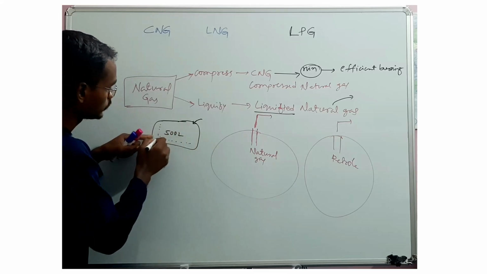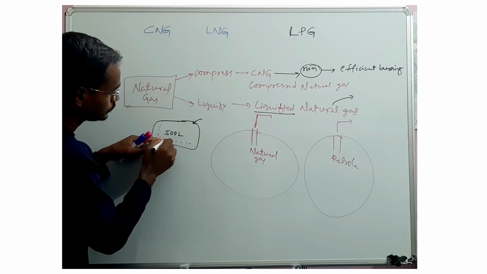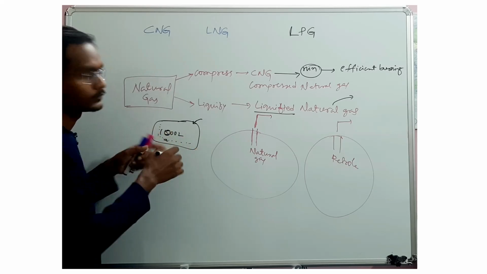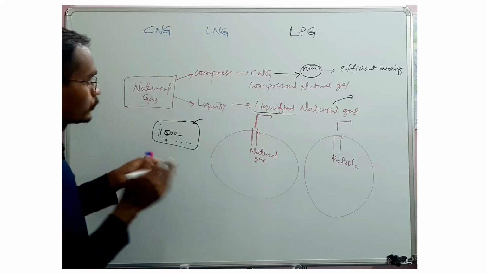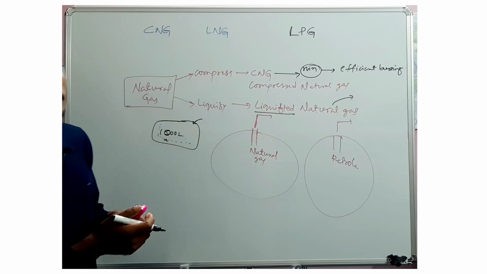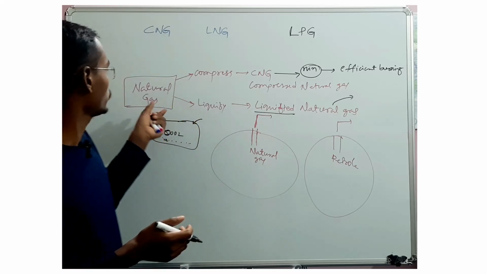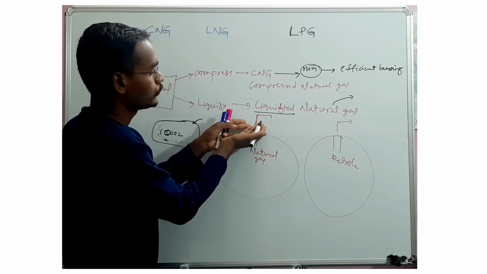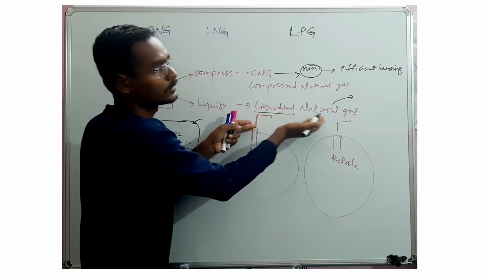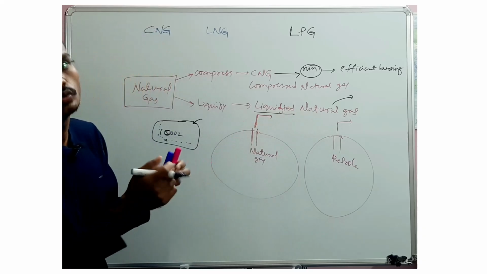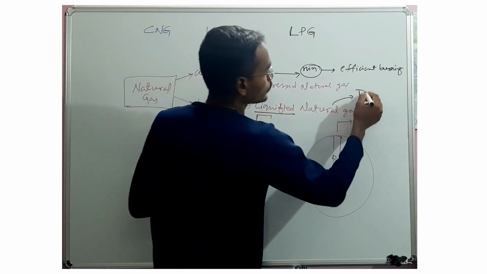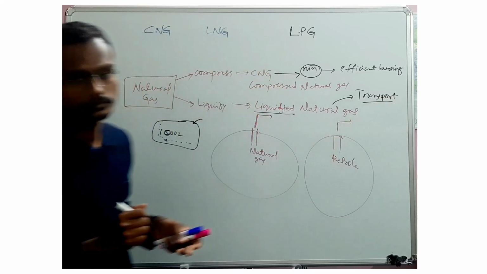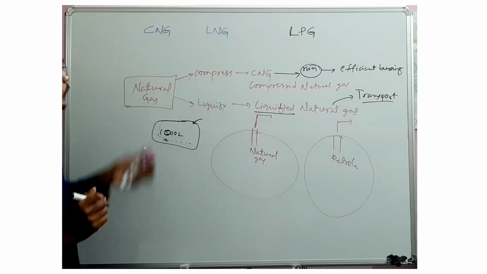If we liquefy, more molecules can be accommodated within a container. 1000 liters we can transport to other countries. That's why, after extracting natural gas, we liquefy it, for the transport purpose, to transport more.